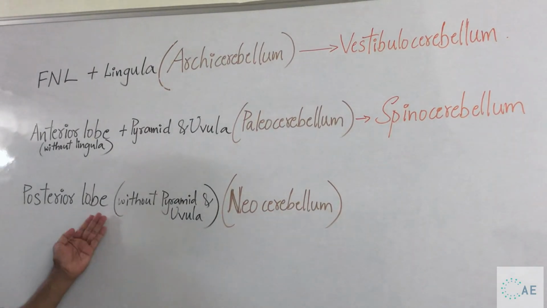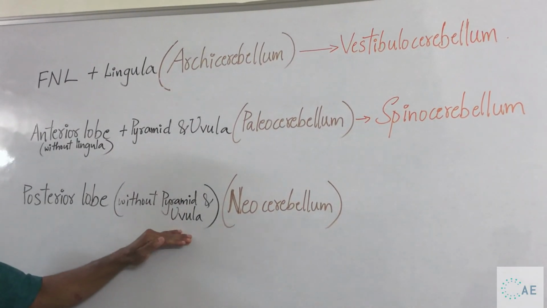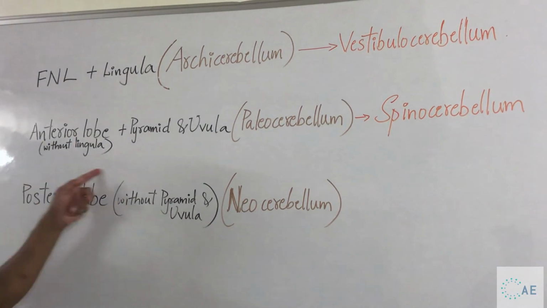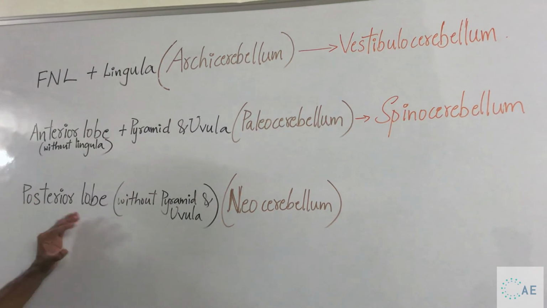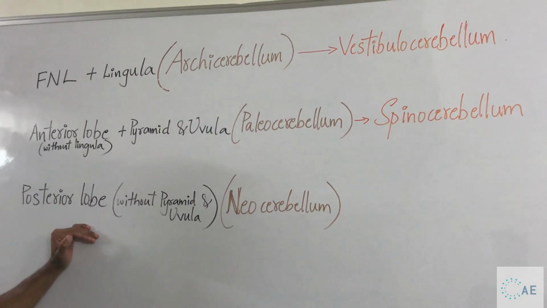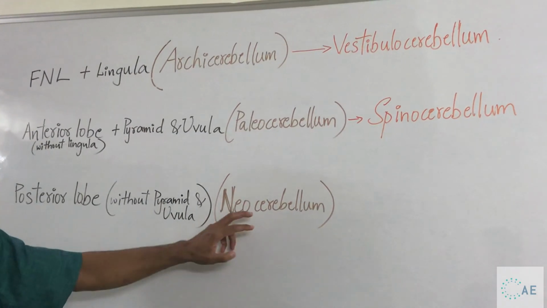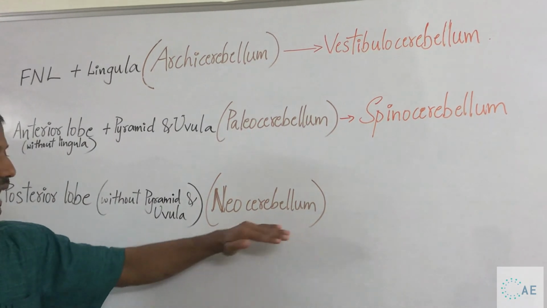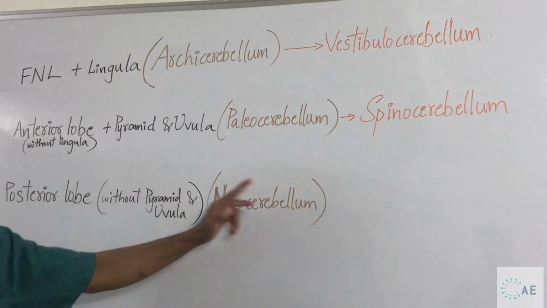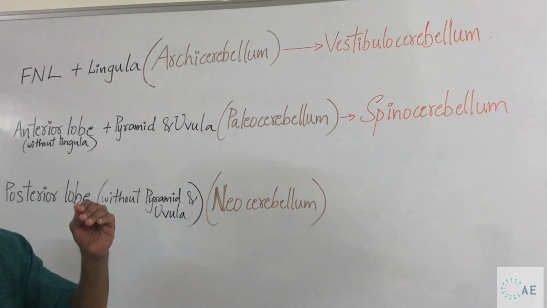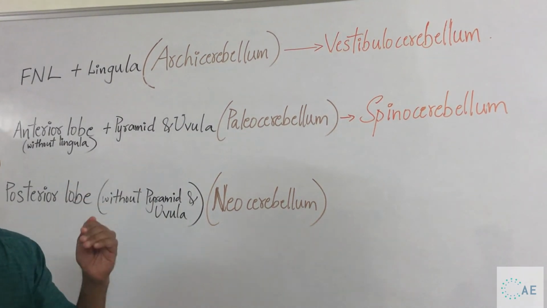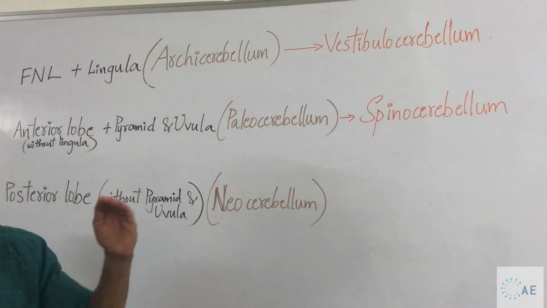Now, the posterior lobe without the pyramid and uvula. The posterior lobe is the largest portion, I can say, forming the majority of the lateral hemispheric part. And this posterior lobe is the neocerebellum. And when you think about the connection of this posterior lobe and neocerebellum, they have got a major connection with the cerebral cortex.